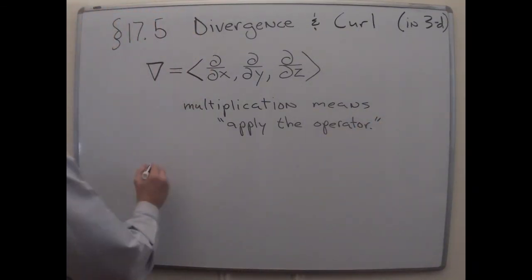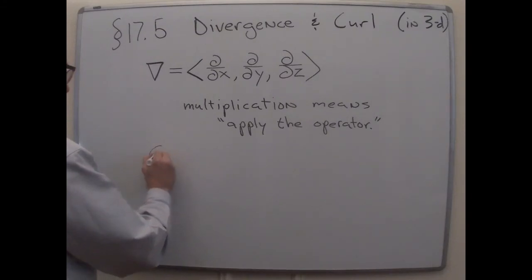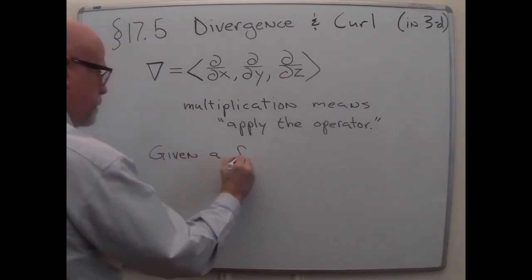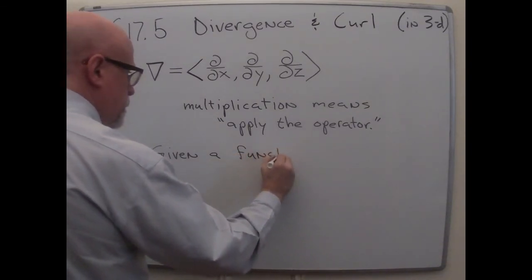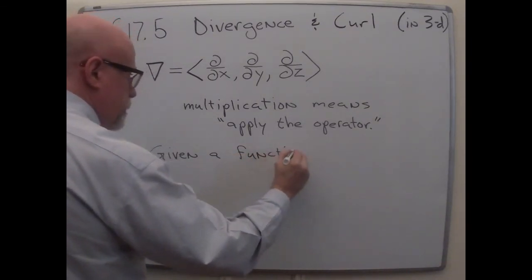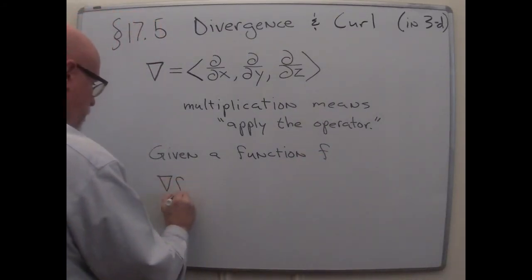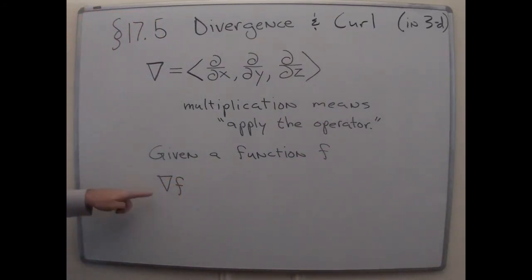So the first example we got of using del was to make gradients. I already said that. So if you have a function f, when you write del f, that's really a vector times a scalar.